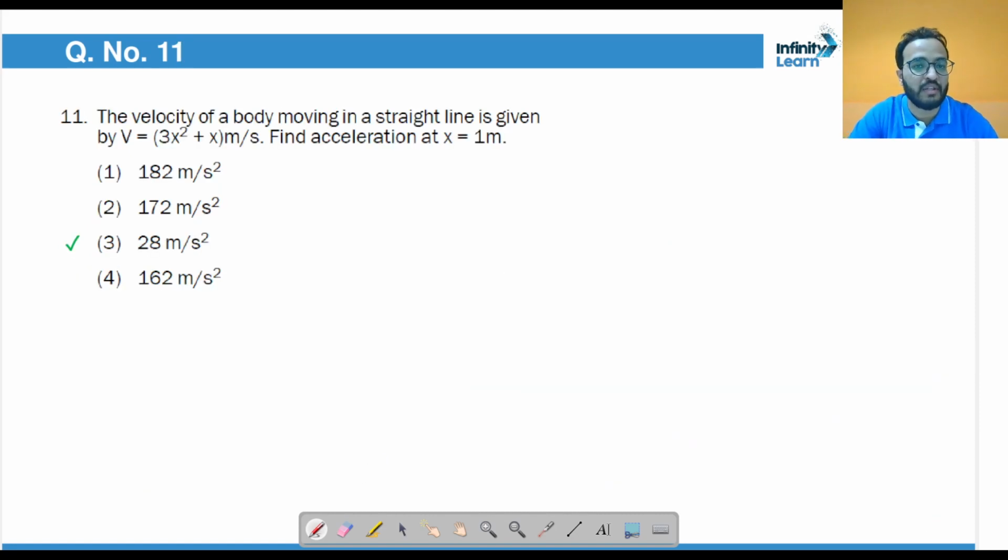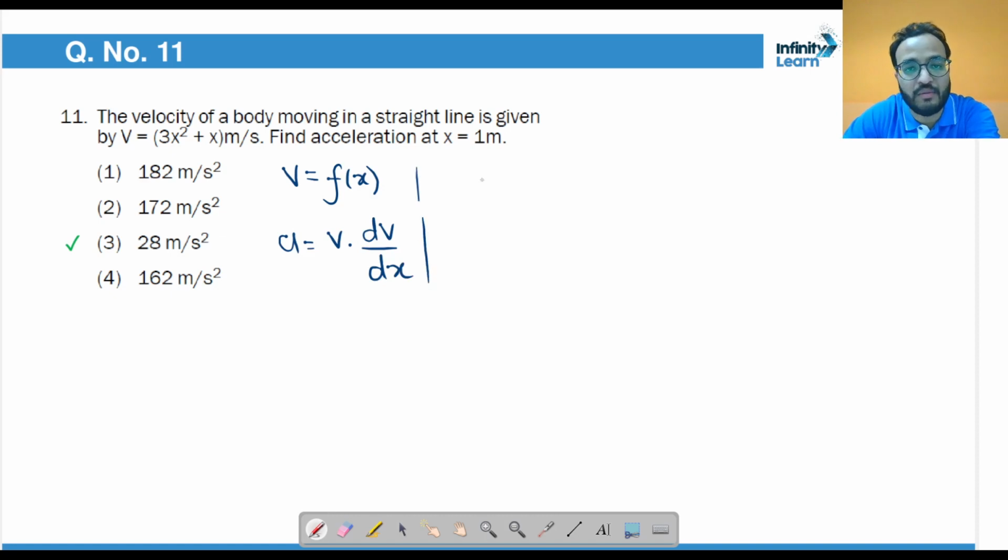Okay, let's move on to the 11th question. Fantastic. Whenever velocity is given as a function of x, then acceleration is v dv by dx, right? So we need to write what is dv by dx. dv by dx is 6x plus 1.